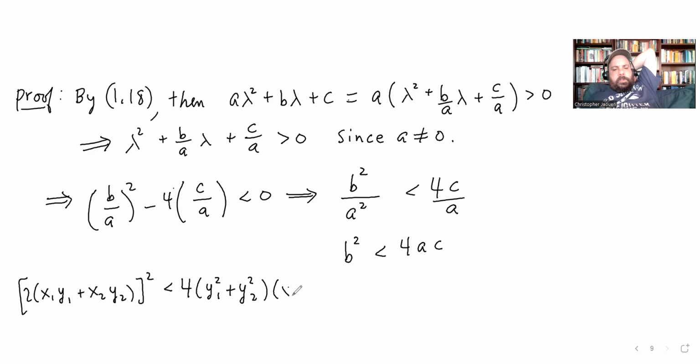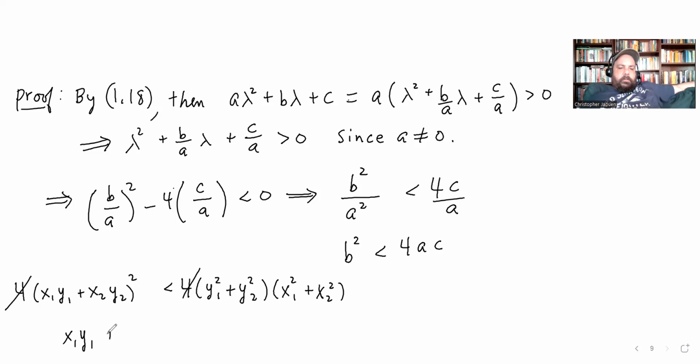And c was x1 squared plus x2 squared. Right, and if you simplify the left-hand side, when you square the 2, you get a 4. We can divide out by the 4s, and if you take the square roots of both sides, you get what you want.